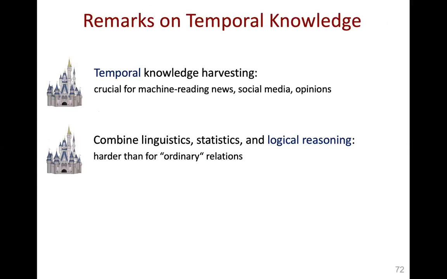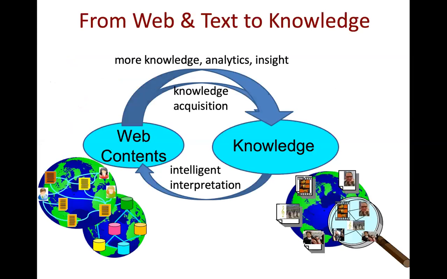Temporal knowledge harvesting. Temporal knowledge is crucial for machine learning over news, social media, and opinion. Basically, temporal knowledge is pretty much everything related to time. If you combine linguistic, statistical, and logical reasoning, it's harder for us to handle this temporal knowledge, but otherwise it's basically the same type of knowledge as ordinary relationships.